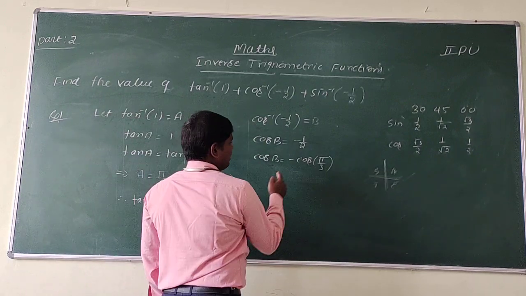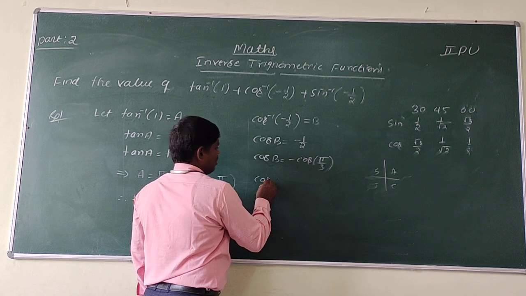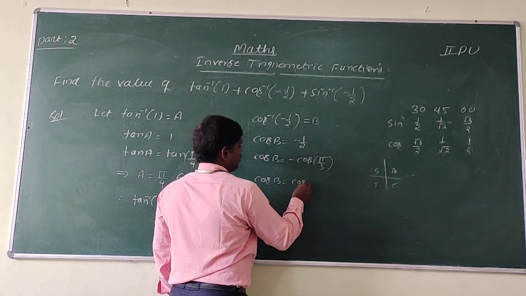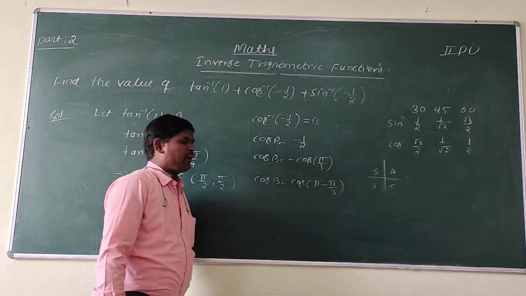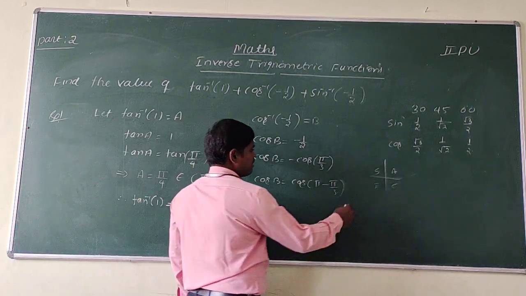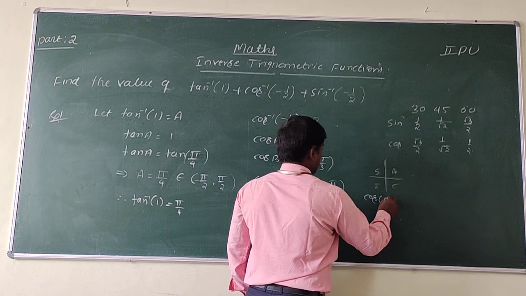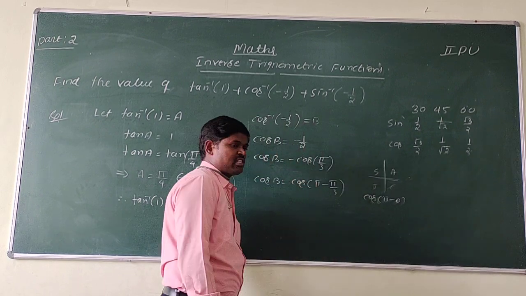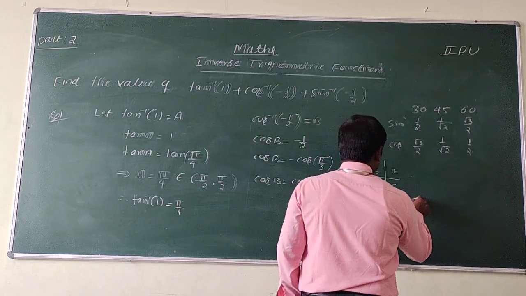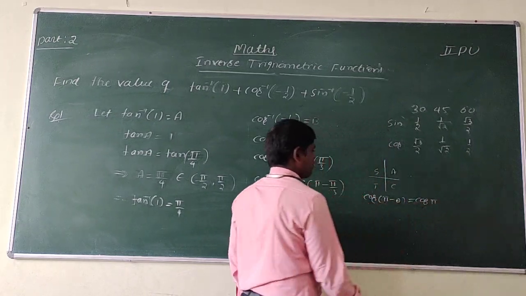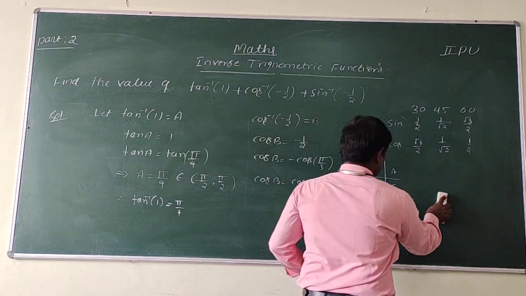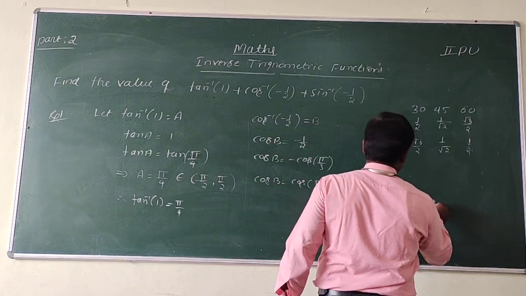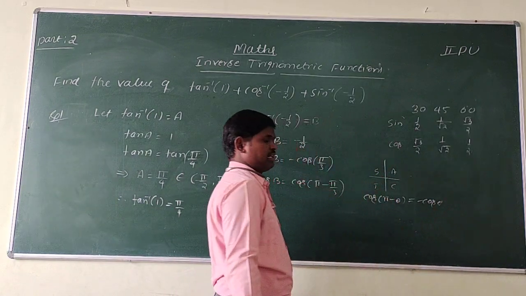Therefore we take, in the second quadrant, cos B is equal to cos of pi minus pi by 3, since cos of pi minus theta is minus cos theta.